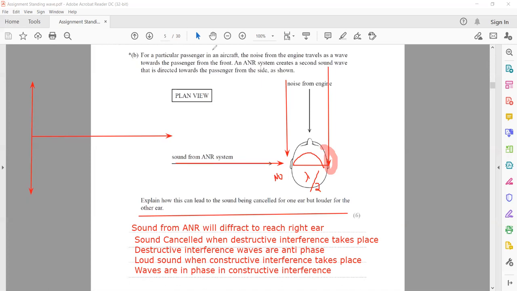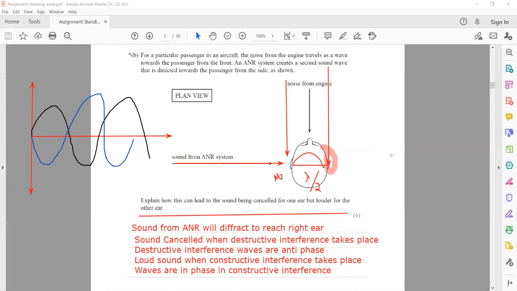for a destructive interference, if one wave is traveling in this manner, the other wave completely cancels out, the destructive interference will take place. But what happens if the distance between the ears is lambda by 2, or half of the wavelength?